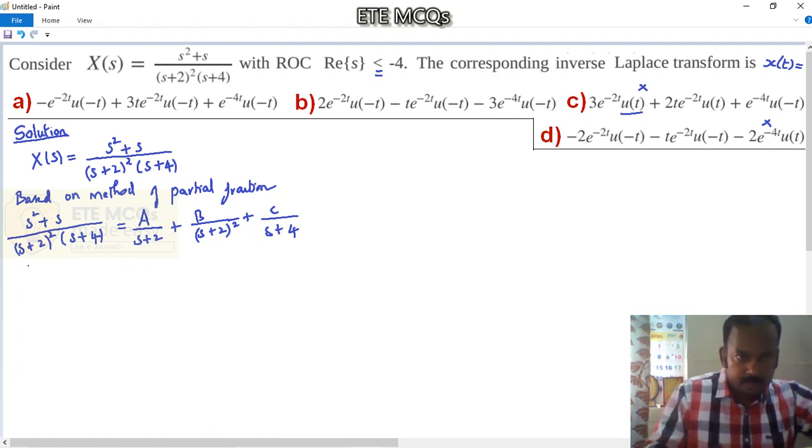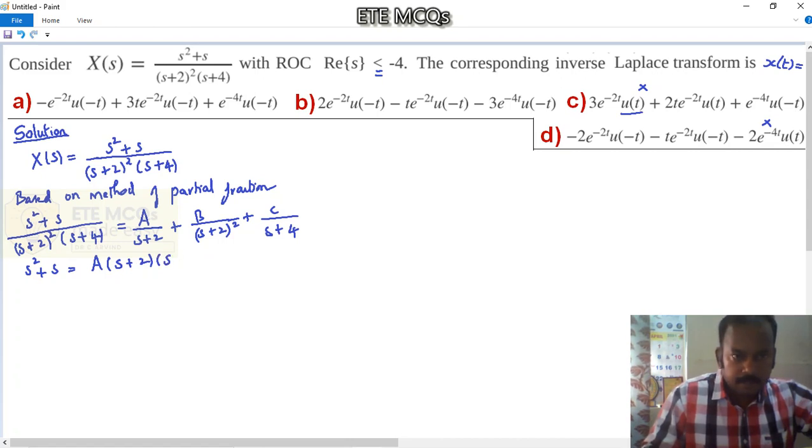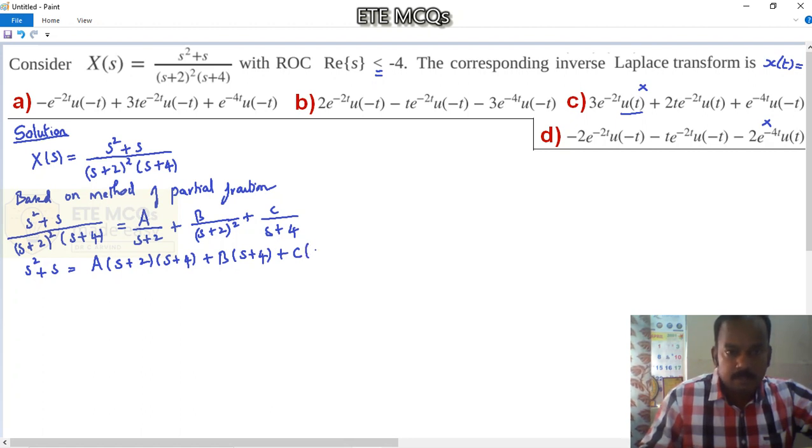You will have s squared plus s is equal to A into (s plus 2) into (s plus 4), plus B into (s plus 4), plus C into (s plus 2) the whole square.